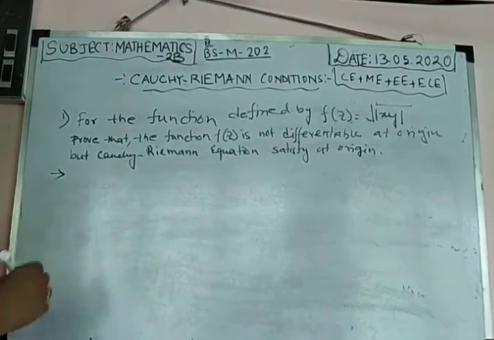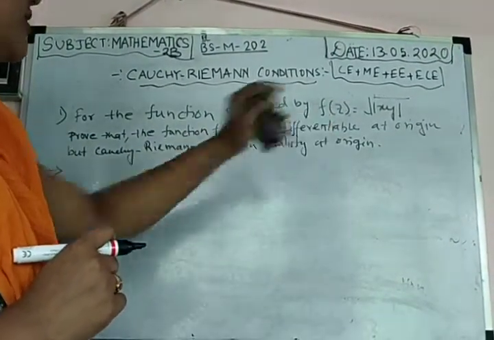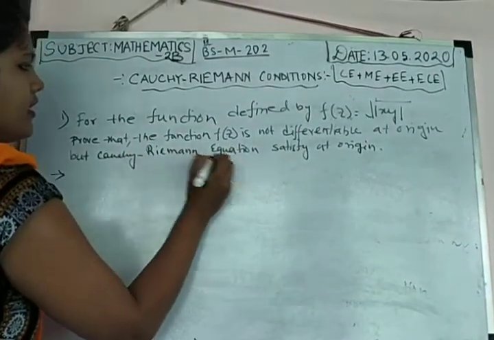So there are two parts: first, differentiability does not exist at the origin, and second, the Cauchy-Riemann equation is satisfied at the origin.